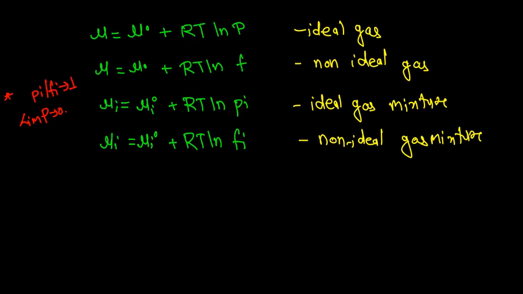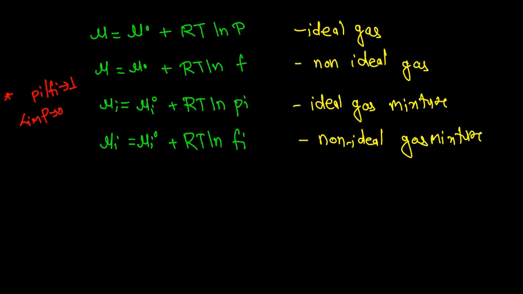Remember, not in the limit Pi tending to 0, but in the limit capital P, total pressure tending to 0. The fugacity of ith component fi tends to become equal to the partial pressure of ith component.